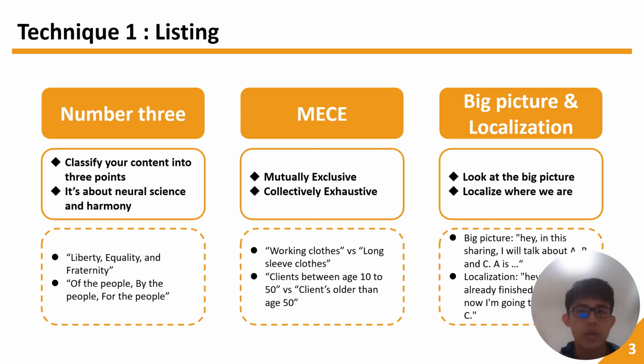And localization means that sometimes when we elaborate on one point for too long, people forget where they are. So we need to get them back on track, and we can use a sentence like, hey, I've already finished point A and point B. Now I'm going to talk about point C. So this is big picture and localization.